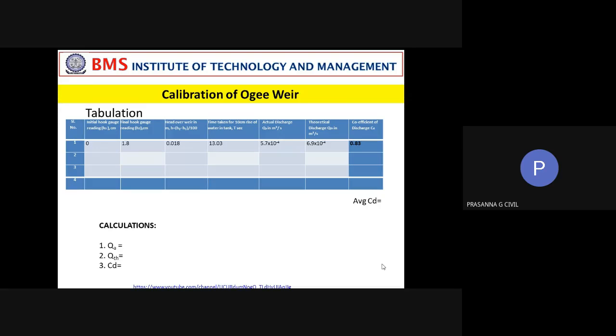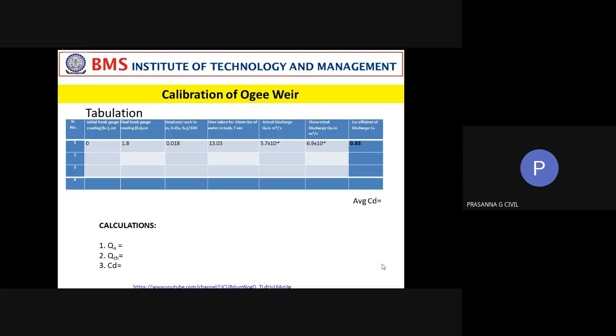Using the formulae that were given in the previous slide, the actual discharge is calculated as 5.7 into 10 raised to minus 4 meter cube per second, and the theoretical discharge is calculated as 6.9 into 10 raised to minus 4. And CD will be given by actual discharge divided by theoretical discharge.